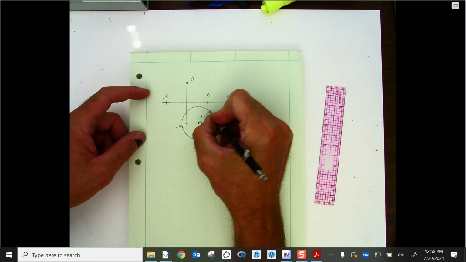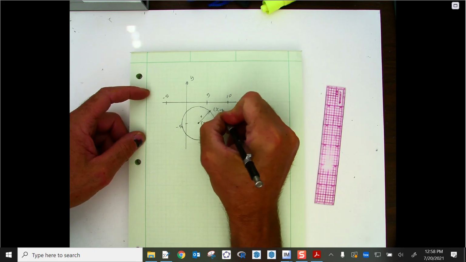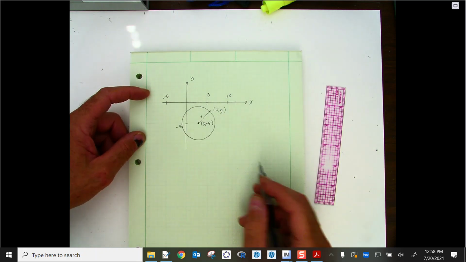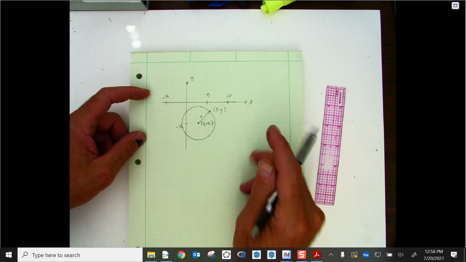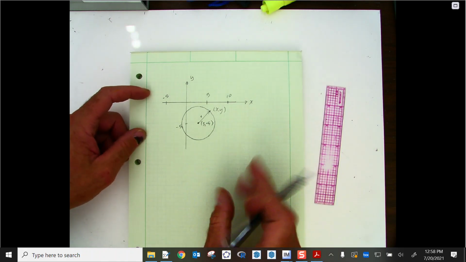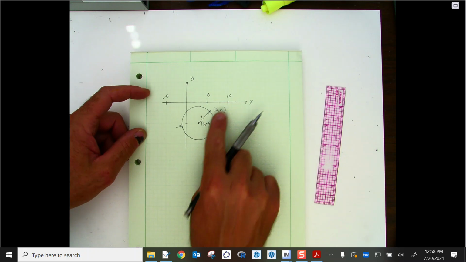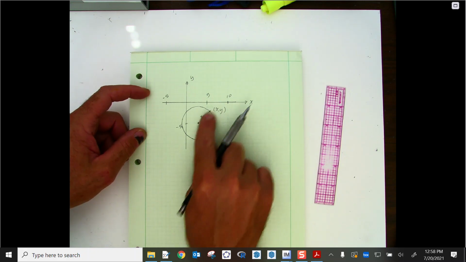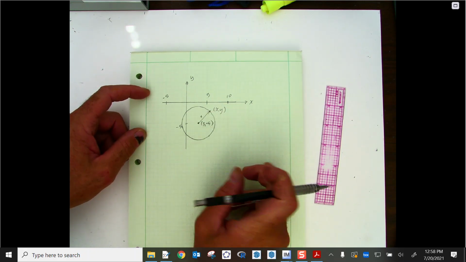What I want is a relationship between x and y, any x and y on this circle. So I'm going to leave it as variables, x and y, such that this point (x, y) is 4 units away from this point (3, -5).